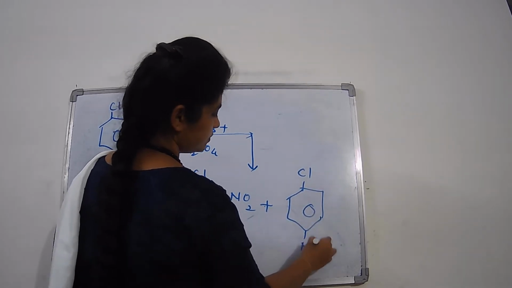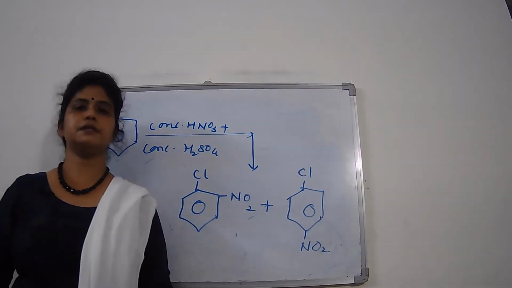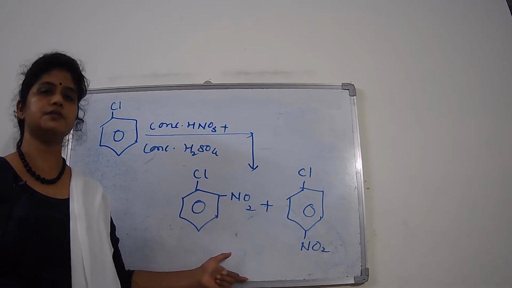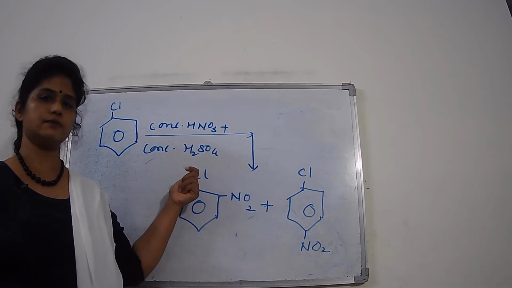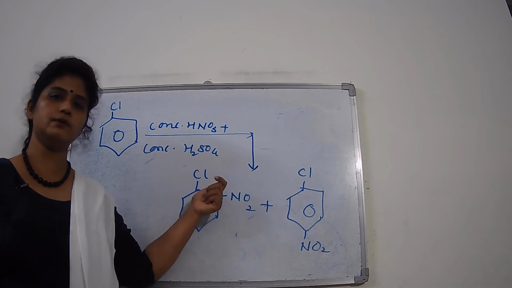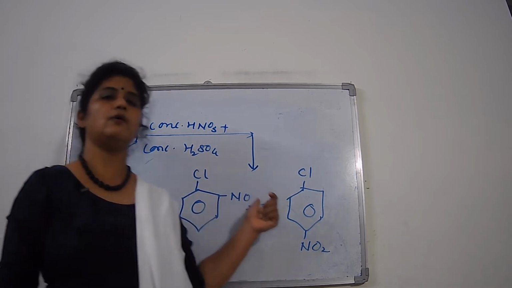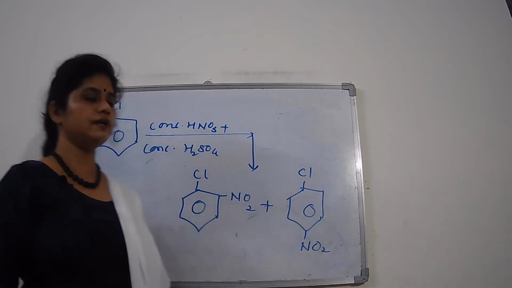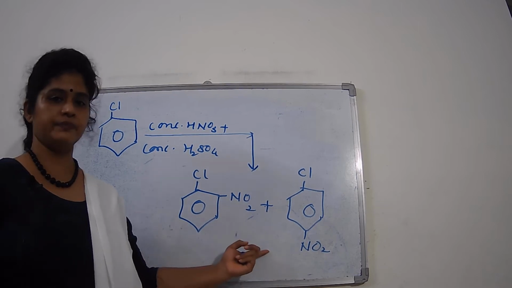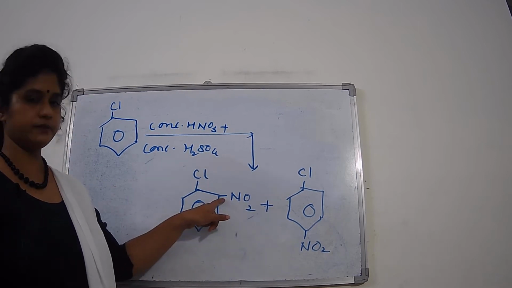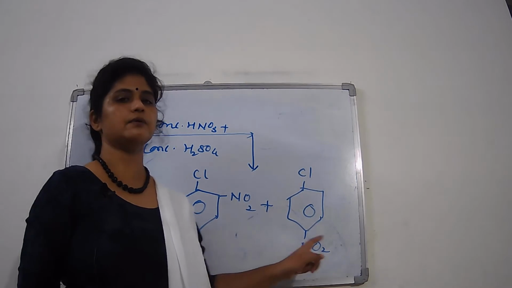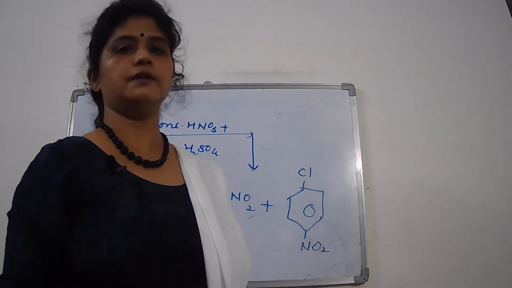Why does further substitution take place at ortho and para positions? Yes, because this Cl is a halogen. Halogen is an activating group, and activating groups are ortho-para directing groups, and therefore we get two compounds, ortho-nitro and para-nitrochlorobenzene, as the final product.